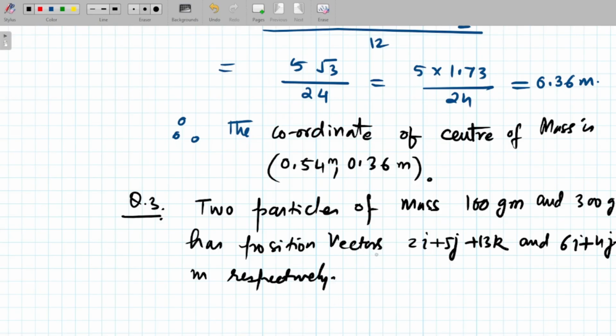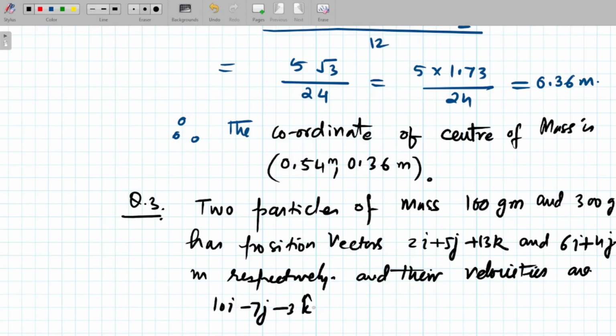And their velocities are 10i, minus 7j, minus 3k, okay, and 7i, minus 9j, plus 6k meter per second, okay.